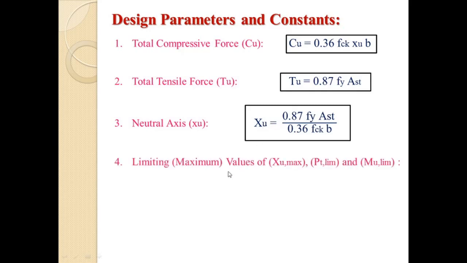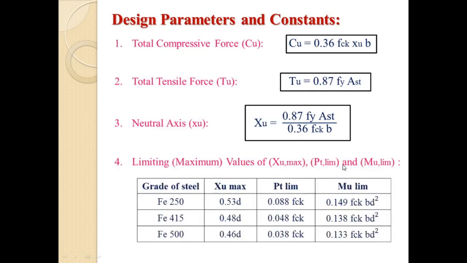Now, we can also find limiting or maximum values for xu max, pt limit, or Mu limit. Here you can see if the grade of steel is Fe250, that is mild steel, then the limiting neutral axis distance xu max is 0.53 d, where d is the effective depth of the section. Then the pt limit, the percentage of steel, is 0.088 fck, where fck is the characteristic compressive strength.